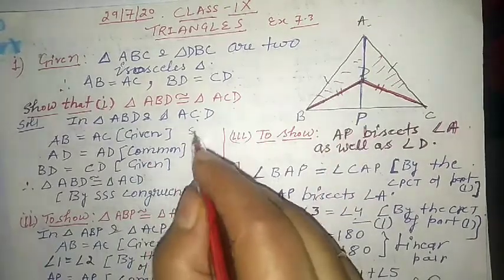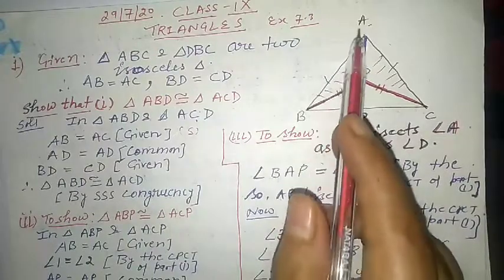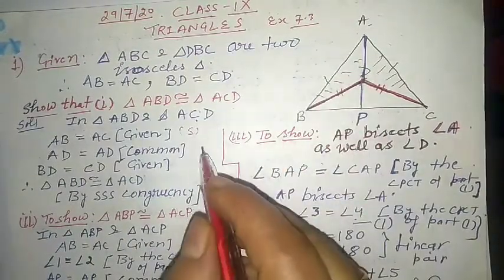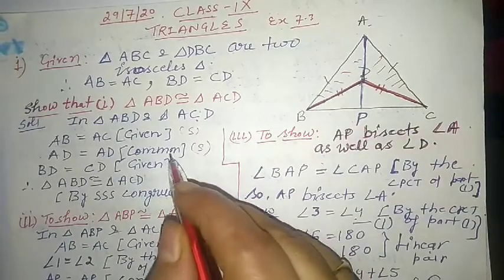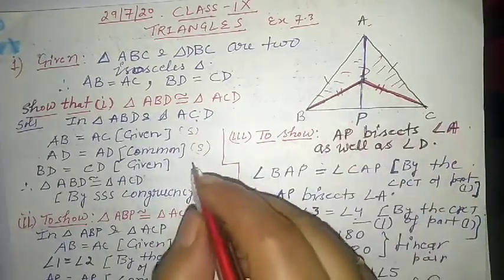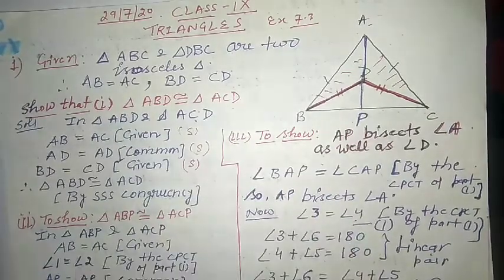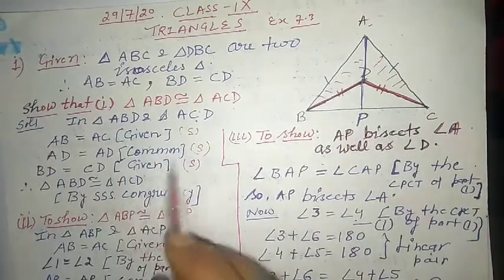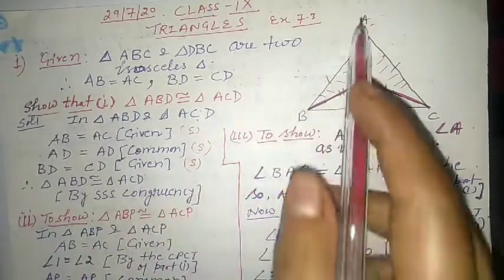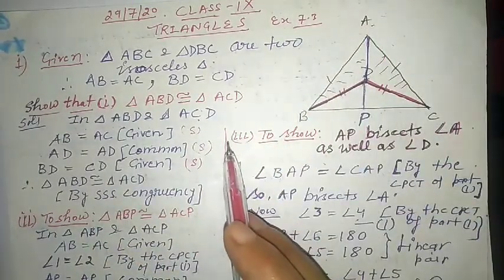This is a side, and AD is equal to AD, common in both the triangles, so this is also a side. Then BD is equal to CD, also a side and given. So by SSS congruency, we can say that triangle ABD and triangle ACD are congruent.